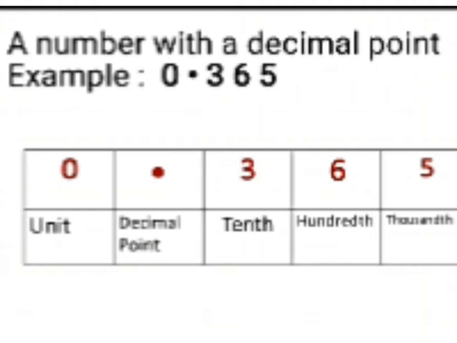Maybe you were asked to approximate the number to one place of decimal. One place of decimal is what? 3. Look at the number after 3, it is above half. So 6 can lend 1 to 3 and 3 becomes 4. So one place of decimal of this number is 0.4.